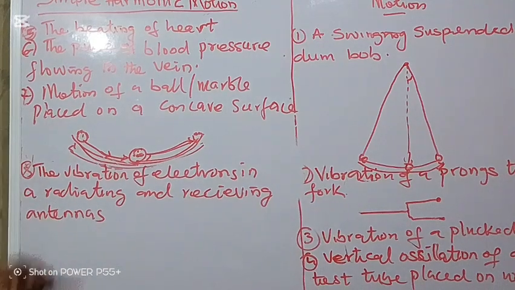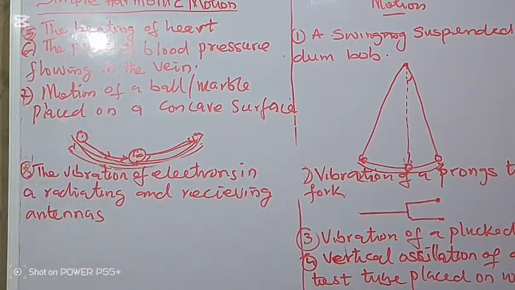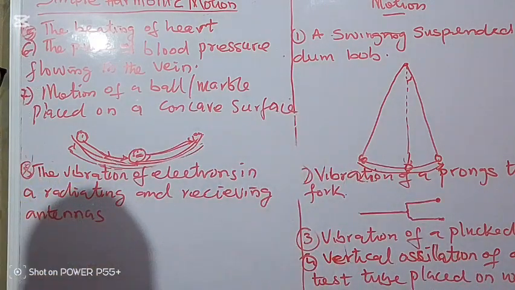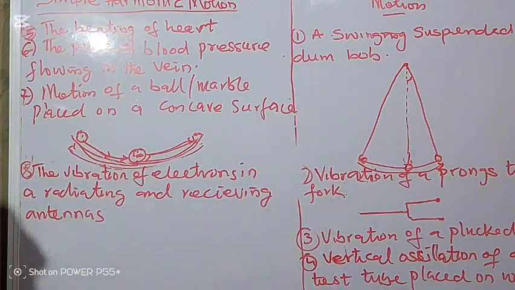That is, when you check an antenna, the electrons will be vibrating in it and radiating around it. So that also is a typical example of simple harmonic motion.